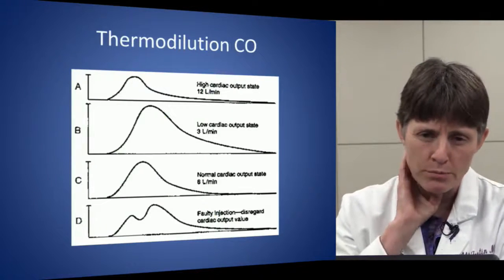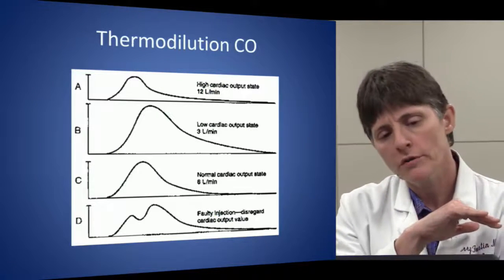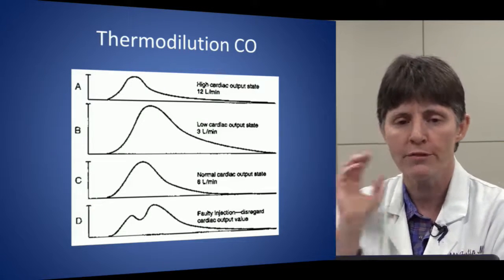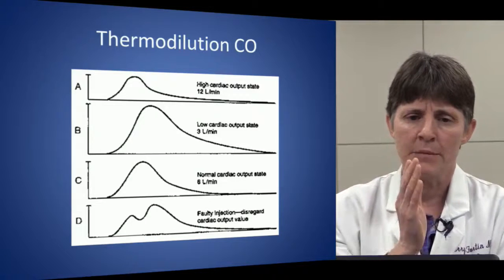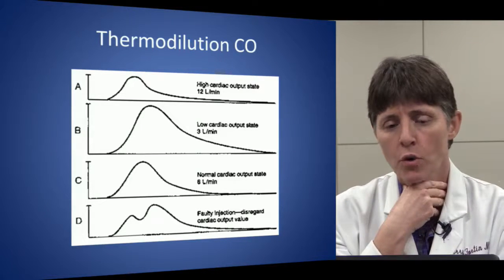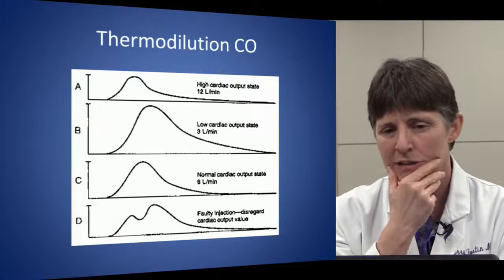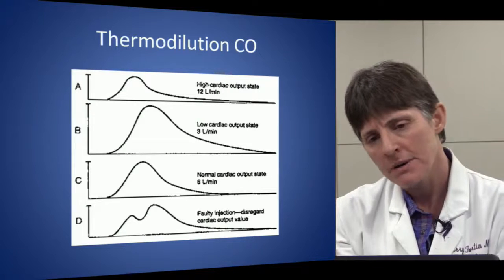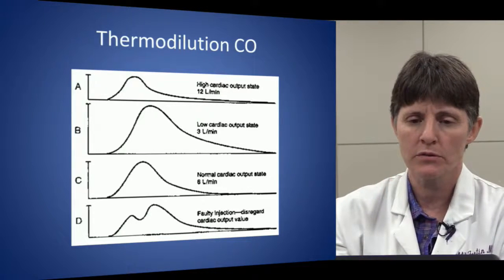So these are tracings of what's normal. So C is what's normal, sort of a nice smooth upstroke, and then it falls. If you look at the curve in A, it reaches its max quicker and it decays quicker, so a high cardiac output state. A low cardiac output state reaches its peak later, and again, a slow decline.